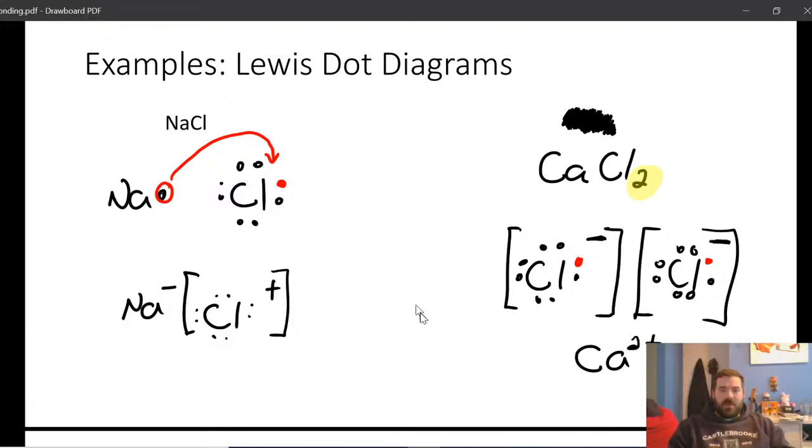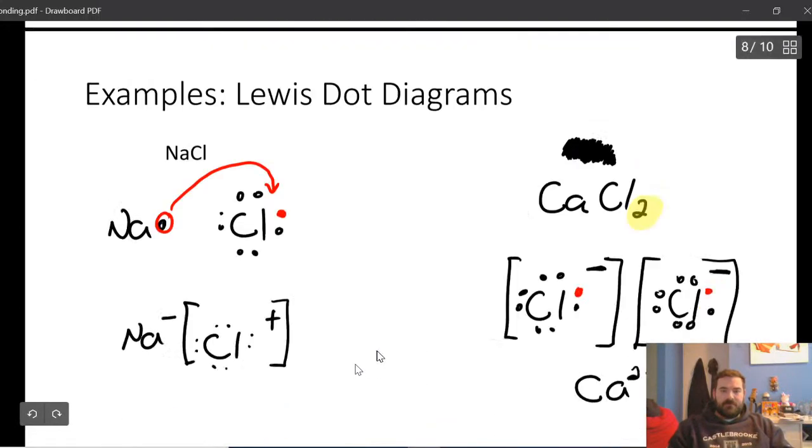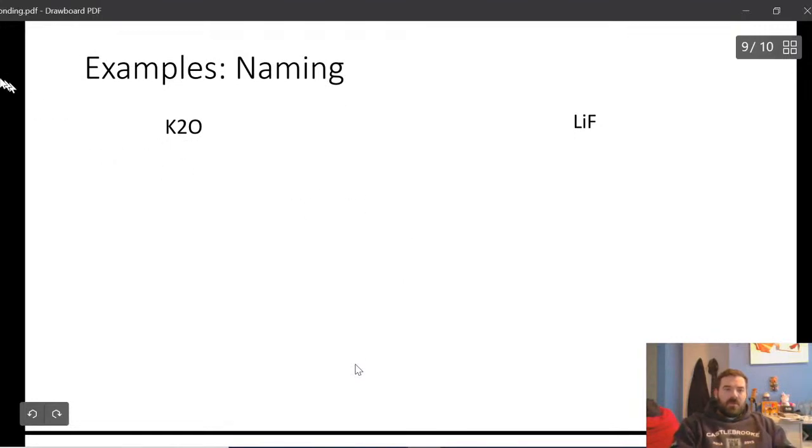All right, let's talk about naming. So this should be a subscript, so this should be K2O, and this is lithium fluoride, and this is potassium oxide. So all we have to do when naming ionic compounds is look at what element is in the first and what element is in the second part of the compound, and we always write them.